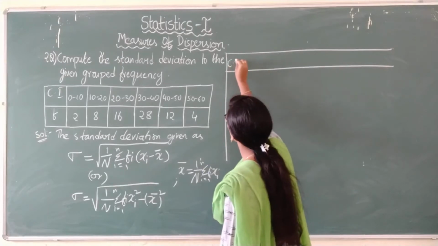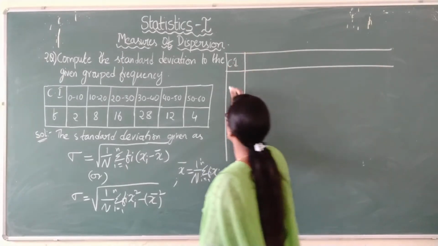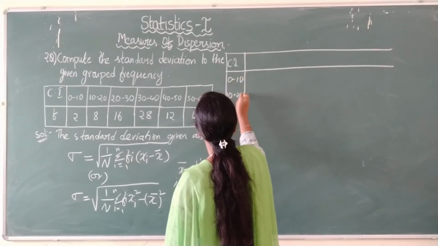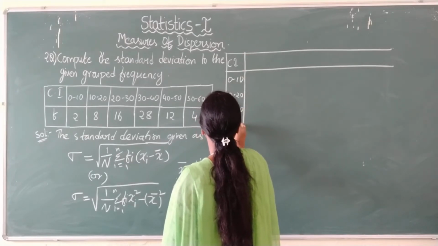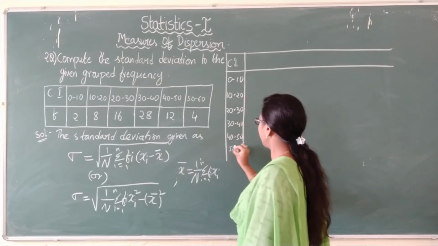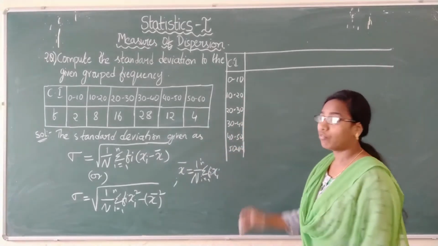First write down the class intervals: 0 to 10, 10 to 20, 20 to 30, 30 to 40, 40 to 50 and the last is 50 to 60. Next write down the corresponding frequencies.